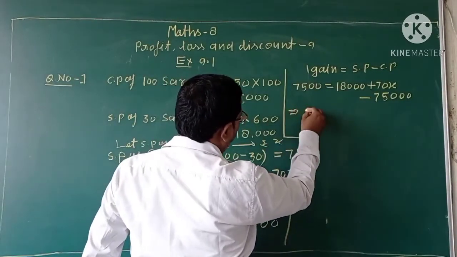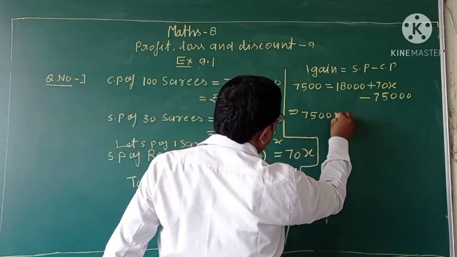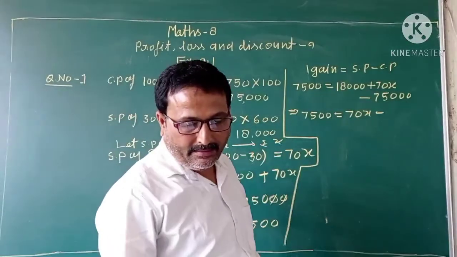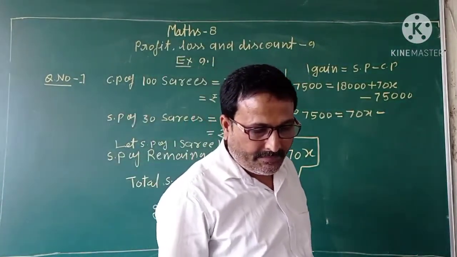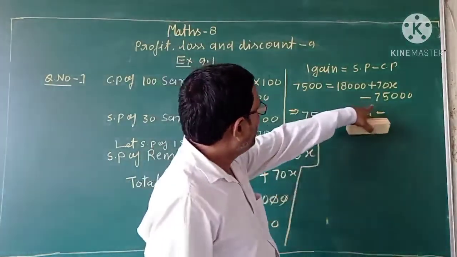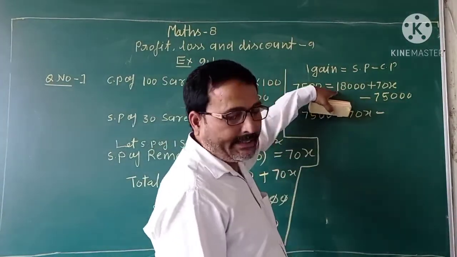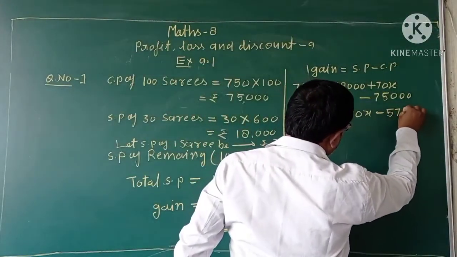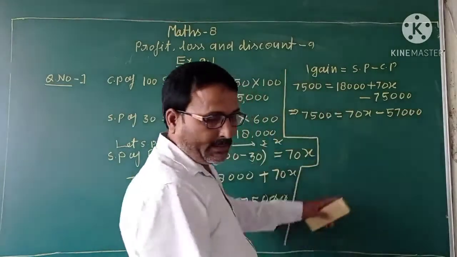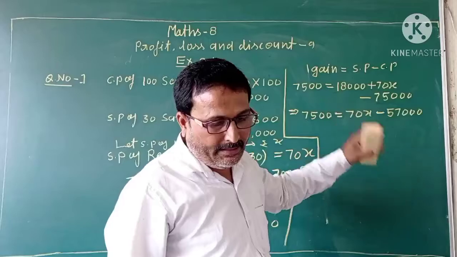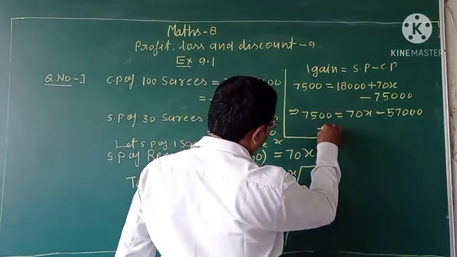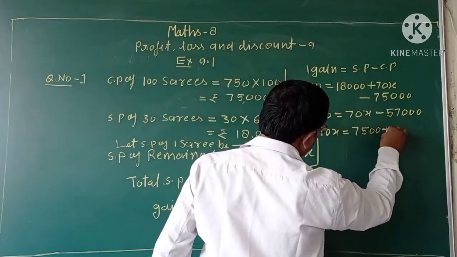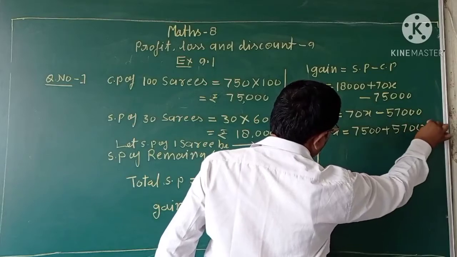Now this implies that 7,500 is equal to 70X minus 75,000 plus 18,000, that will come minus 57,000. This one minus, this side it will be plus. 70X is equal to 7,500 plus 57,000.